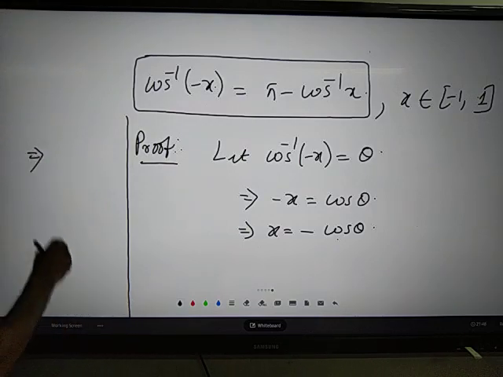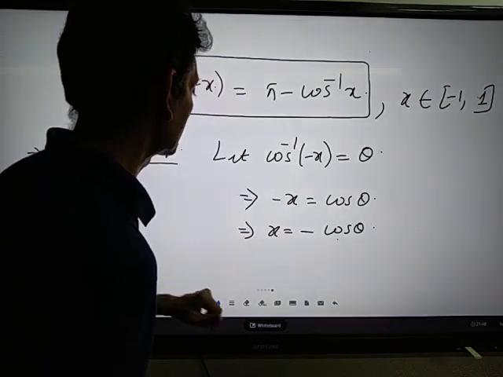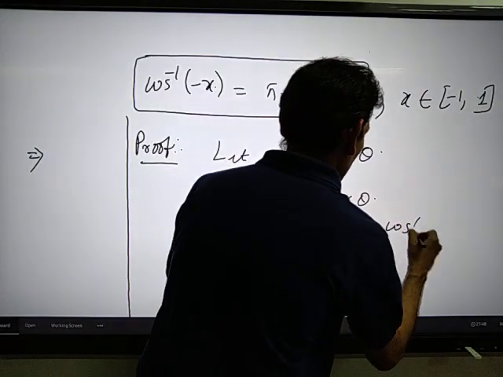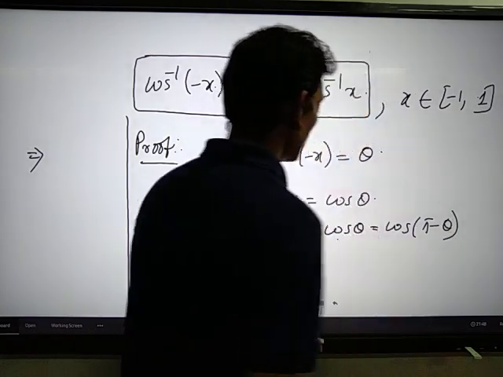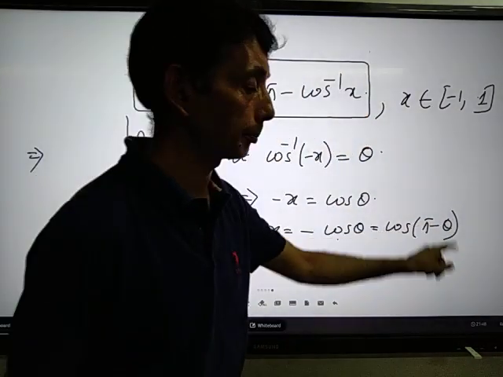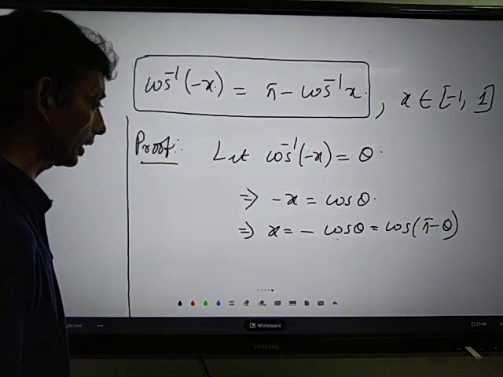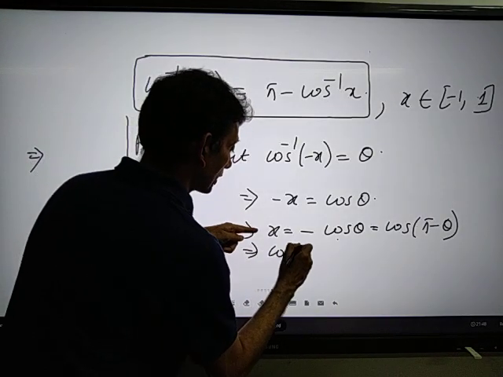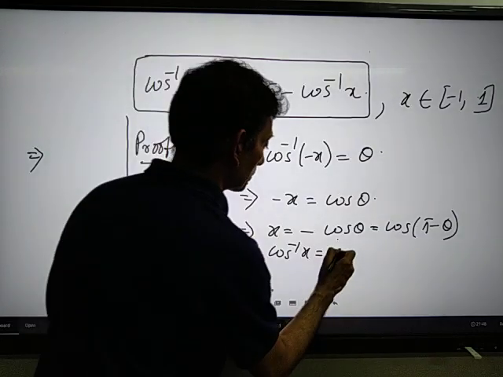This implies x is equal to minus cos theta. Here, minus cos theta I can write in the form of cos of pi minus theta, because we know that minus cos theta is equal to cos of pi minus theta. Then cos inverse x is equal to pi minus theta.